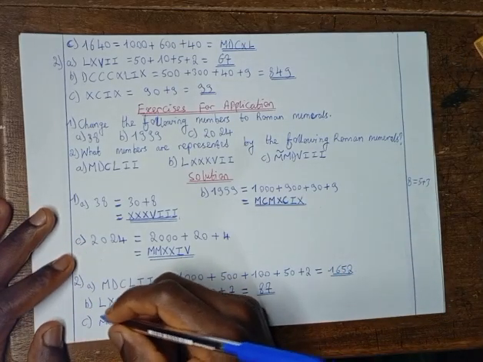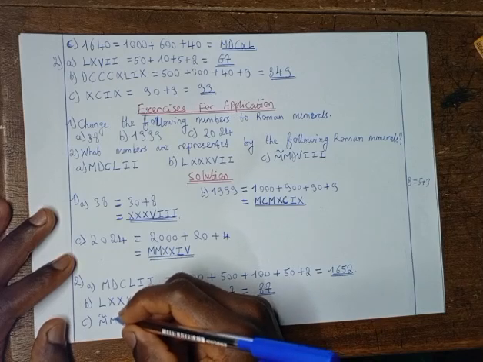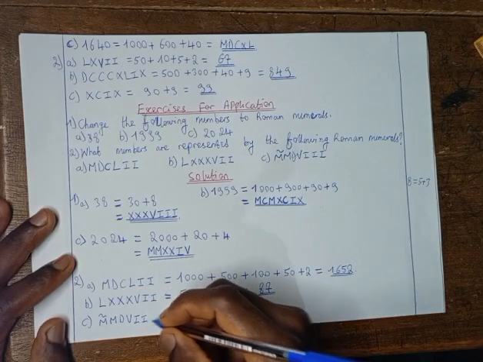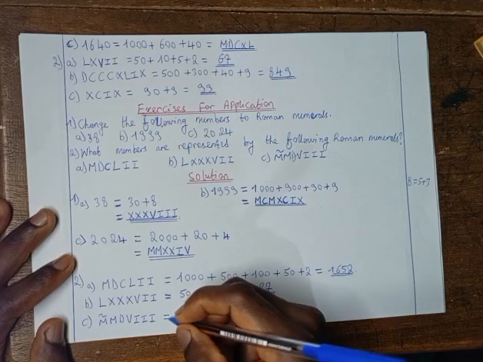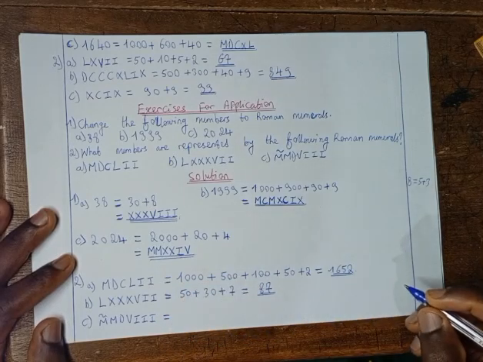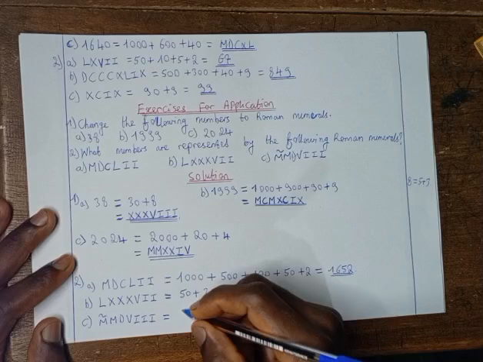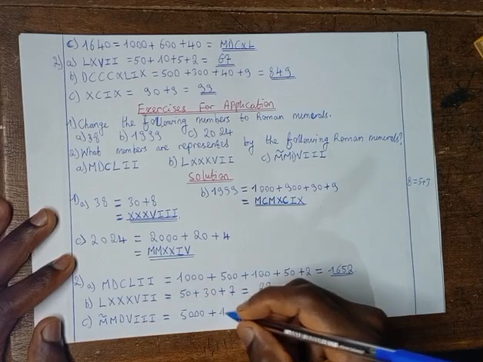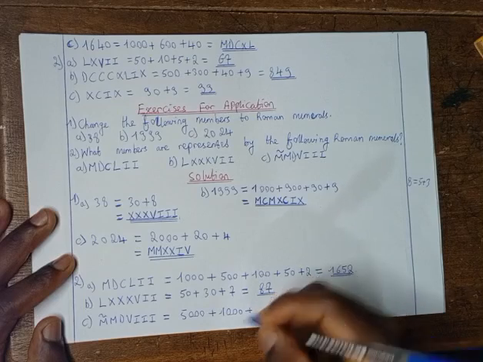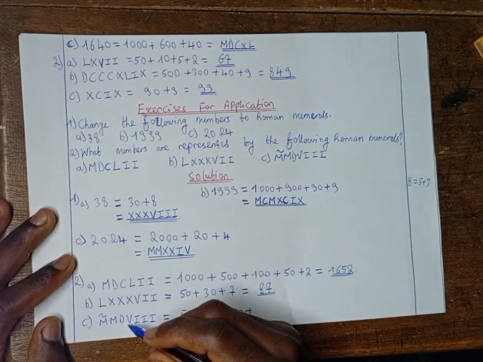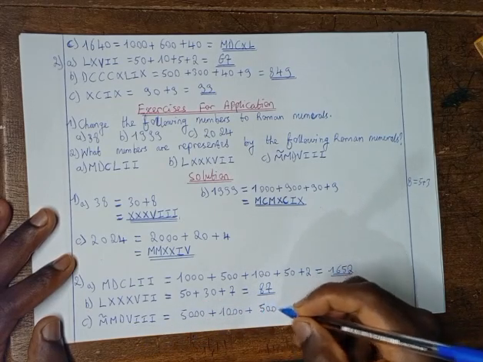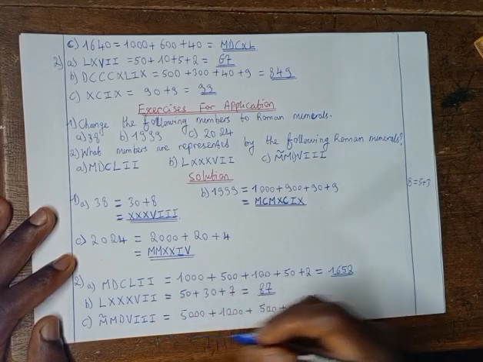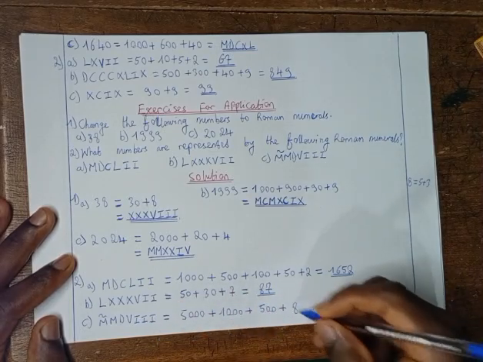We have M with a cap, M, D, VIII. This will simply be equal to, we know M with a cap represents 5000 plus M represents 1000 plus, we know D represents 500 plus VIII represents the number 8.